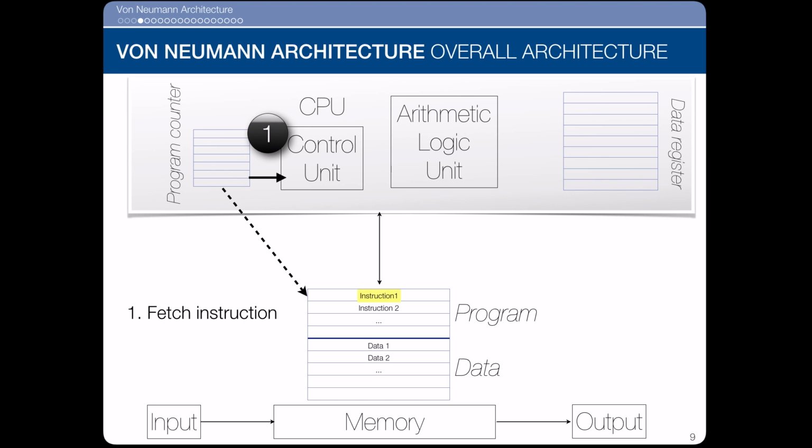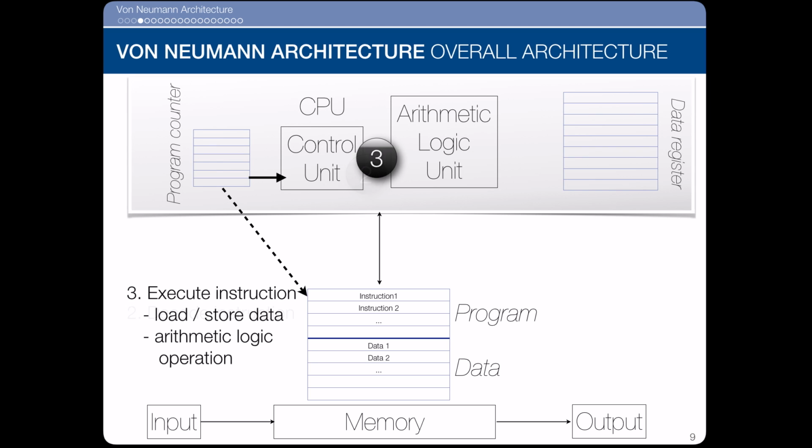First we need to fetch the instruction. The program counter here points to the first instruction, instruction 1. So we fetch that instruction to the control unit. The control unit now decodes the instruction, and knowing what it has to do, it can be either load or store instructions. That means that we may need to load data from the memory to the data register, or the other way around.